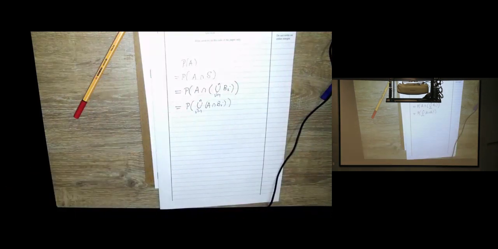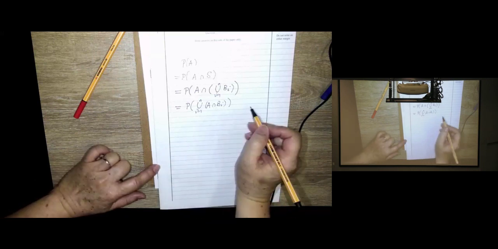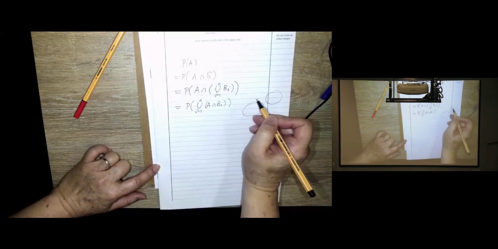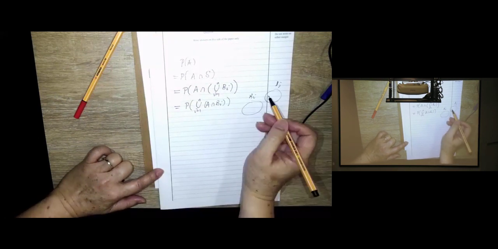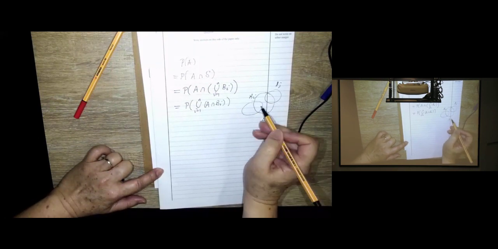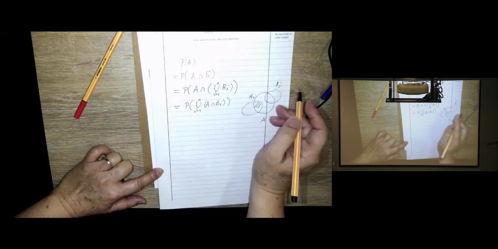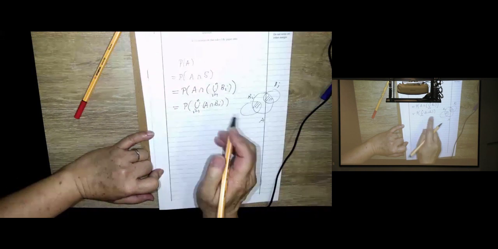But now, the fact that Bi and Bj do not overlap, and A is somewhere here, means that A intersect Bi and A intersect Bj, of course, have to be mutually exclusive too.